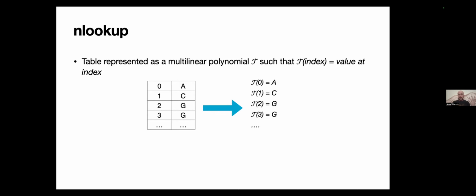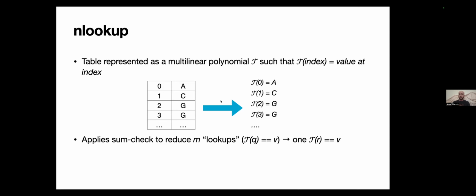So in this running DNA example, t at 0 is character A, t at 1 is character C, and so forth. And the way nlookup works is it applies the sum check protocol to reduce some set of m lookups, which are just evaluations of t, to a single evaluation of t at a random point.